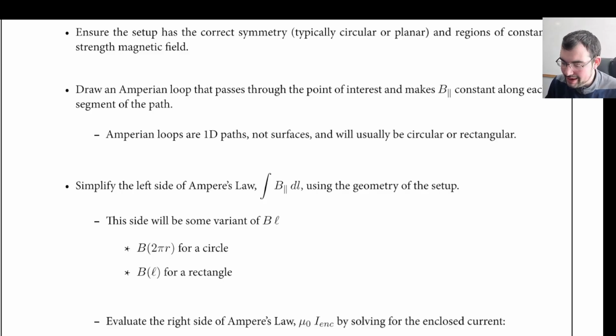Just like Gauss's law, the integral always worked out because you could pull out the surface and make it EA. Well, Ampere's law, you can always make it BL. So for wires, those have circular symmetry, so we'll use a circle. So BL will be B times 2 pi r. And the other case we'll have is a rectangle that's sort of partially in and partially out of a distribution. These are more of your infinite slab type things. We'll see we get BL for that shape. So not a whole lot of variation.